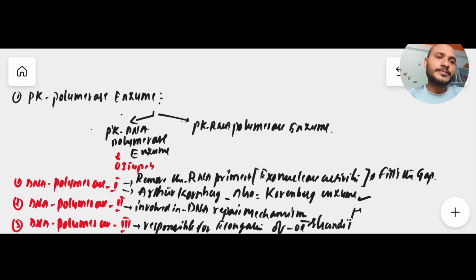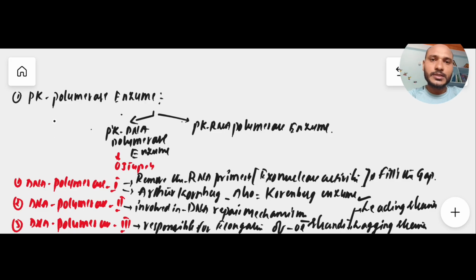They are the leading strand and the lagging strand. Generally these two kinds of strands are found during the replication process of DNA.